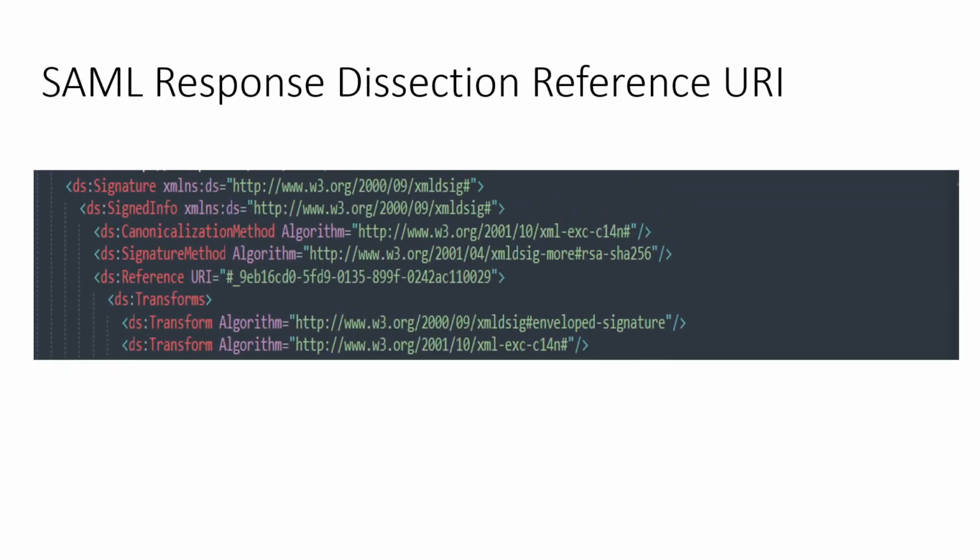Reference URI. Reference URI tells us which part of the SAML response has been signed. So it would be containing a string that identifies the part of the SAML response uniquely, basically the assertion. We will see how we can perform the SSRF vulnerability attack on the reference URI in the later videos.